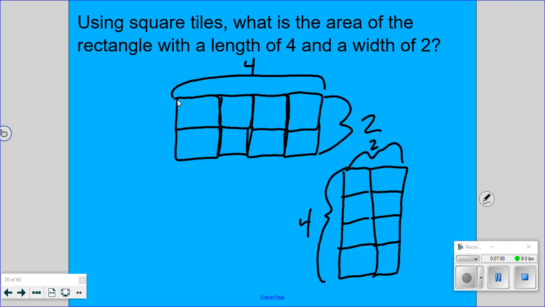Maverick, if I hold you sideways, are you still Maverick? Yeah. If I hold you upside down, are you still Maverick? Yeah. So if I take that shape and I turn it sideways, is the area of that shape, the inside, gonna stay the same? Yes. Raise your hand. What is the area?